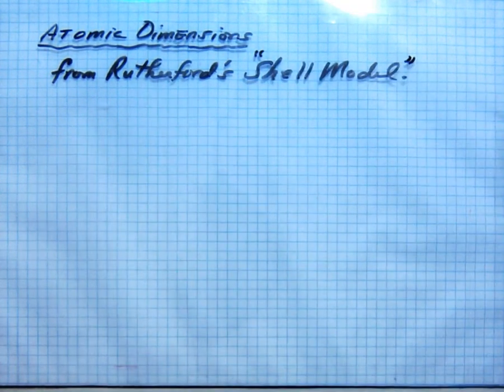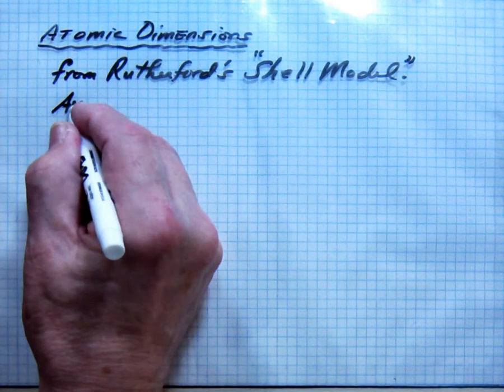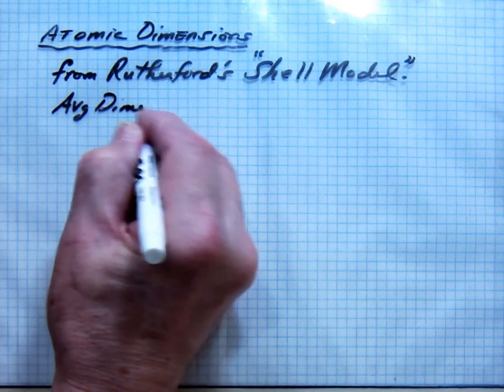In general, we can say the shell model has average dimensions. And what does that mean? Average dimensions.